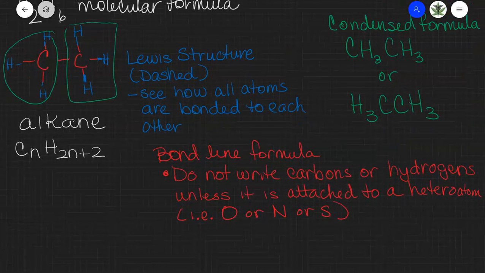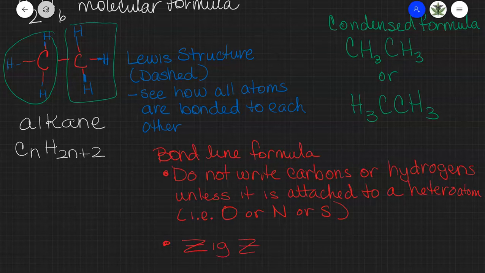Also with the bond line, we write it as a zigzag. So up, down, up, down, up, down. This is a zigzag pattern. This represents 109.5 degrees for the bond angle, and it also represents the hybridization being sp3.